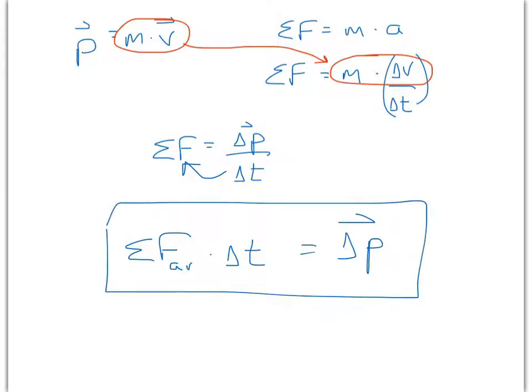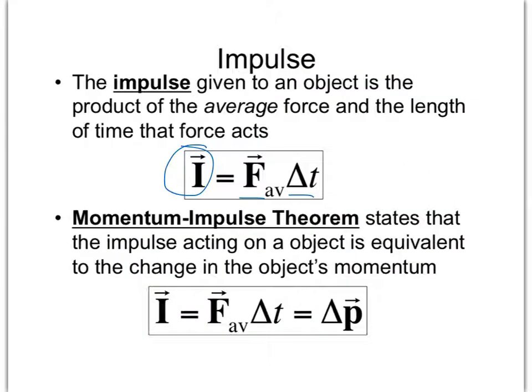And that's what that tells us right below. The impulse is simply nothing more than a change in momentum. That I right there is a vector quantity. It has a direction, because a change in momentum has a direction, because momentum is a vector quantity as well.